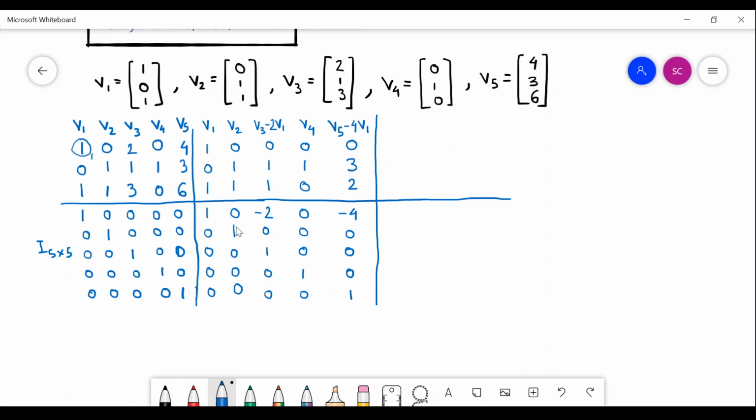You note that whatever operation I have done in the upper columns, these vectors, that is getting reflected in the lower column. How? You see, what is this?